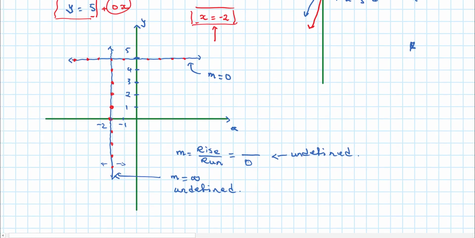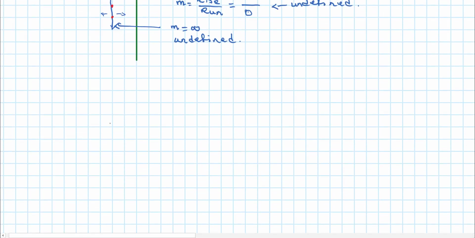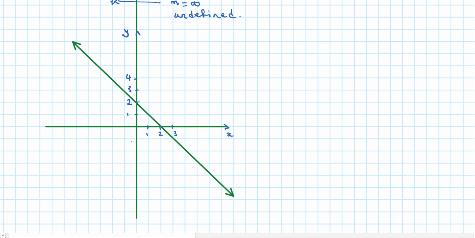Let's draw a line and see if we can figure out its equation. In this case, I have my y-intercept. I can read that straight away. My y-intercept is 2, so the y-intercept occurs at (0, 2). All I need is the gradient, and the gradient is rise over run. So I just need to create a right angle triangle, from which I can work out my rise over run.